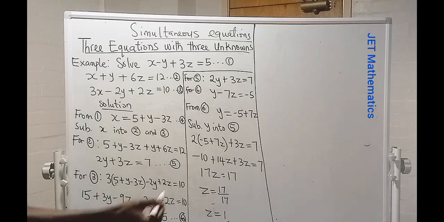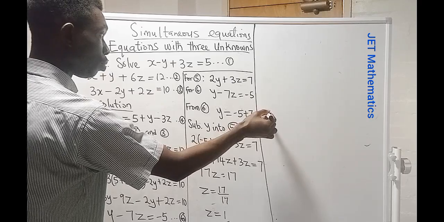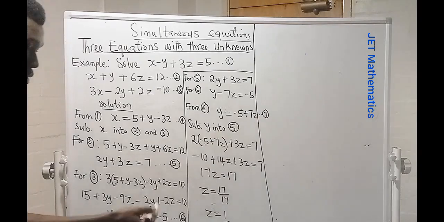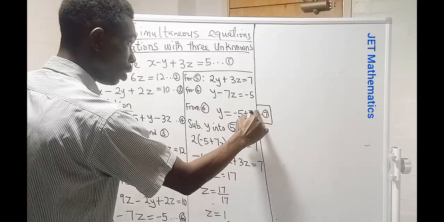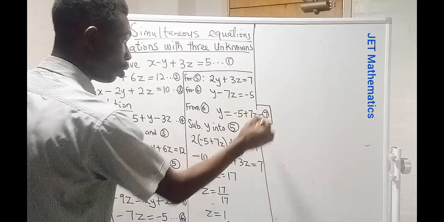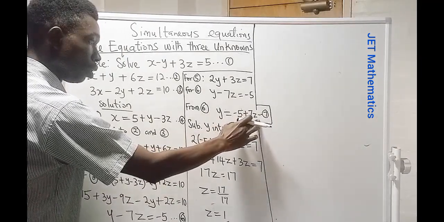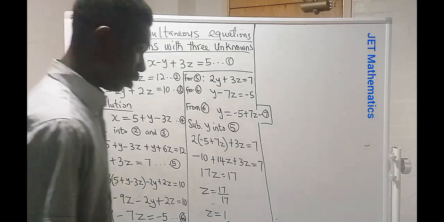Let's call y equals minus 5 plus 7z our equation 7. Then we can easily get our results for x and y.